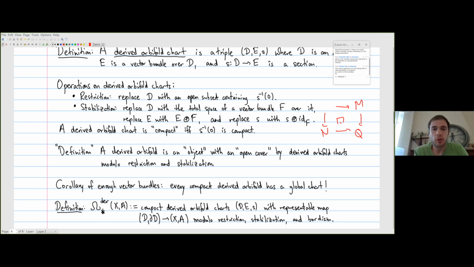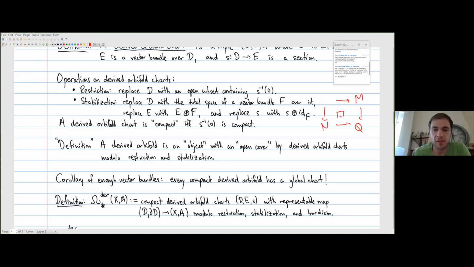Okay, so one thing you might notice about this definition of derived orbifold bordism is that it's not obviously an equivalence relation. It turns out you can form an equivalence relation with this if you do two things.